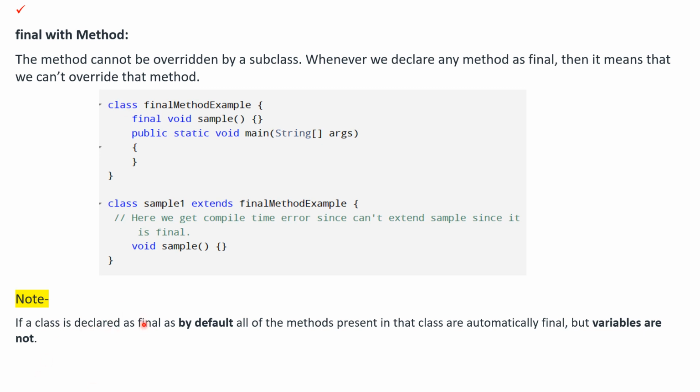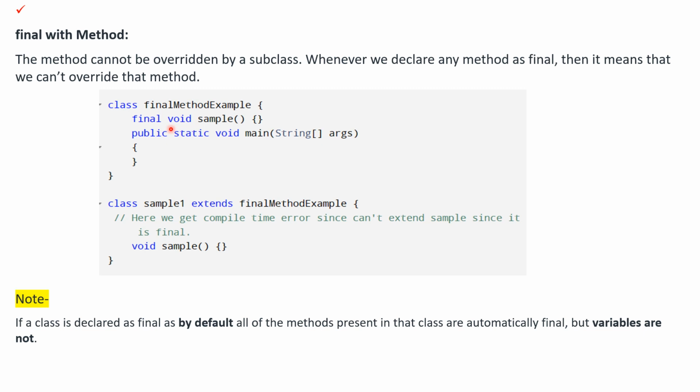If I declare this class as final, then whatever methods it has will also be automatically final. There is no need of declaring them. If we declare the class itself as final, then the methods inside will be final.